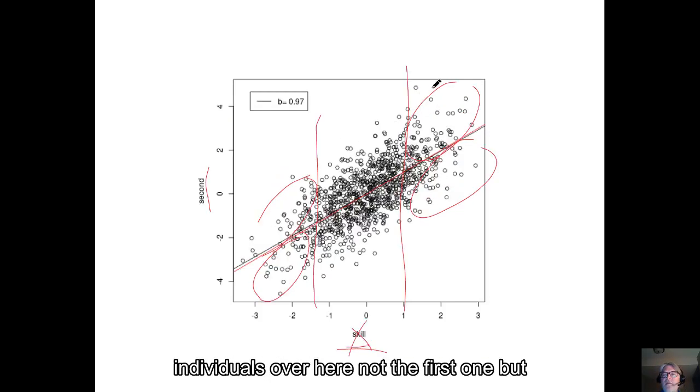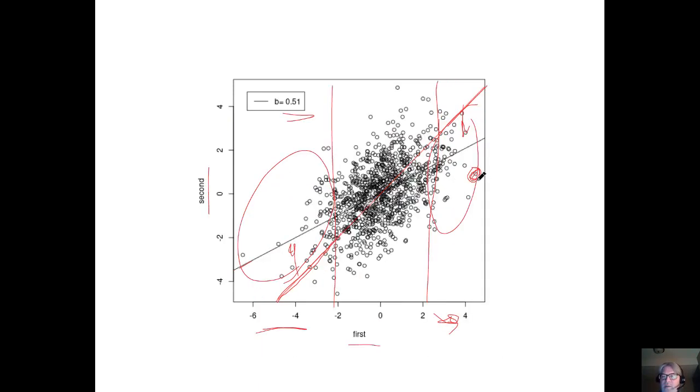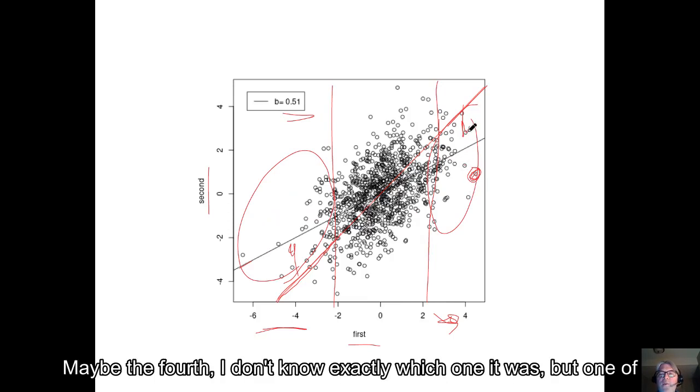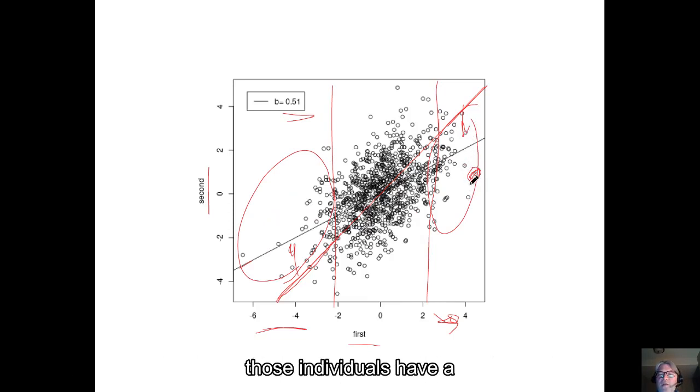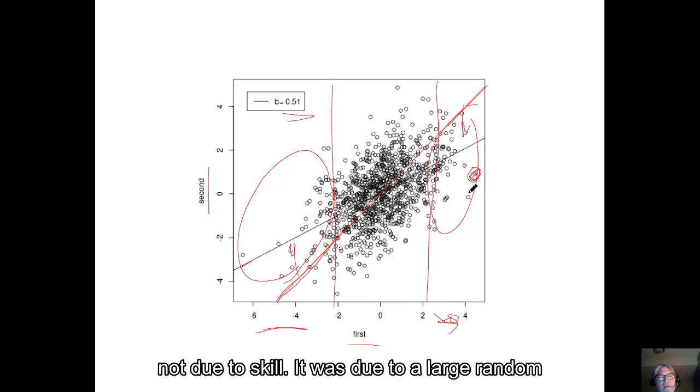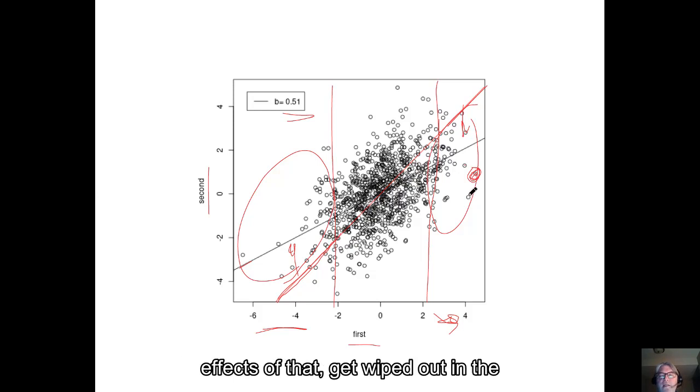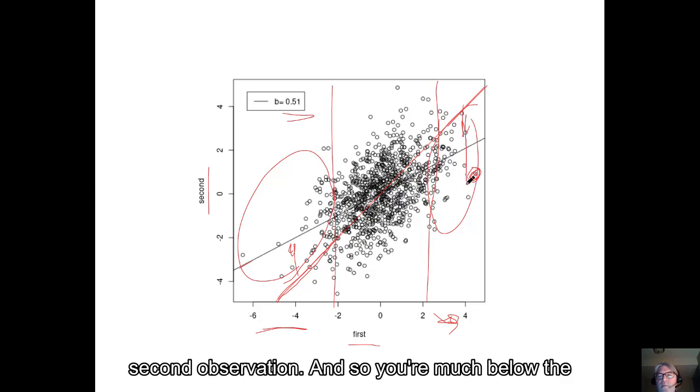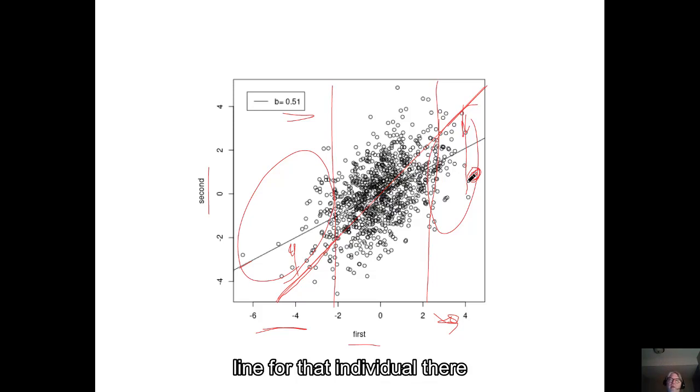So like one of these individuals over here, not the first one, but maybe the second or third, or maybe the fourth. I don't know exactly which one it was, but one of those individuals had a value near 4, but that was not due to skill. It was due to a large random effect, so that got wiped out in the second observation, and so you're much below the line for that individual there.